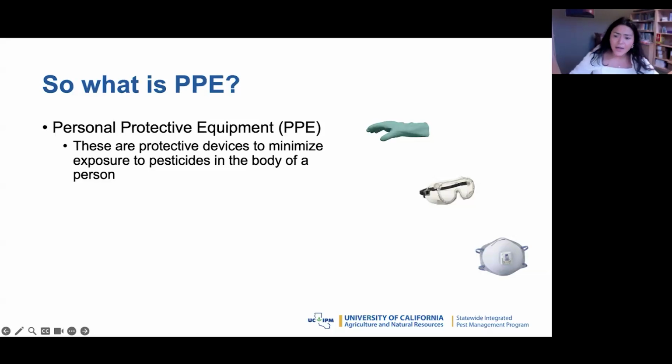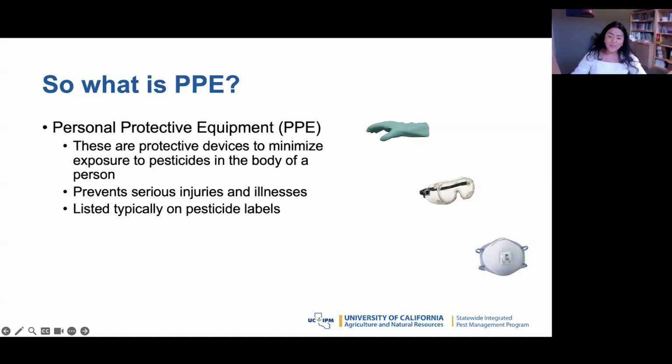The main function is to prevent serious injuries and illnesses to people due to pesticide exposure. Typically, we're going to find personal protective equipment requirements on the product label. However, this might not always be the case, as we're going to find out later throughout the presentation, but these are the basics.